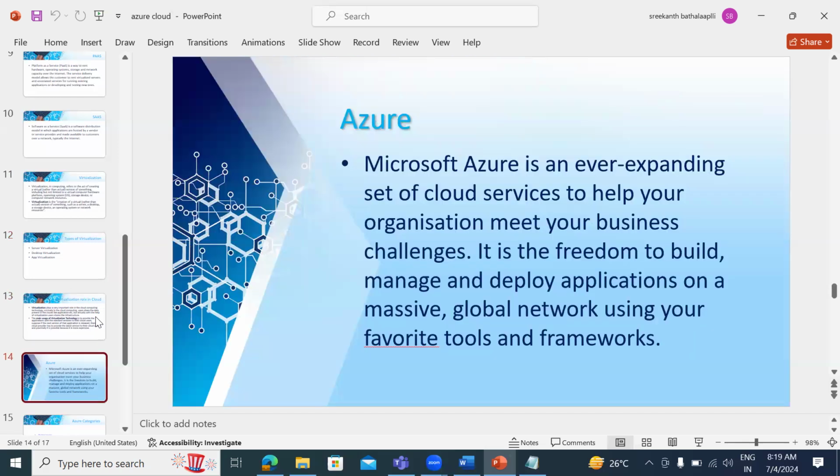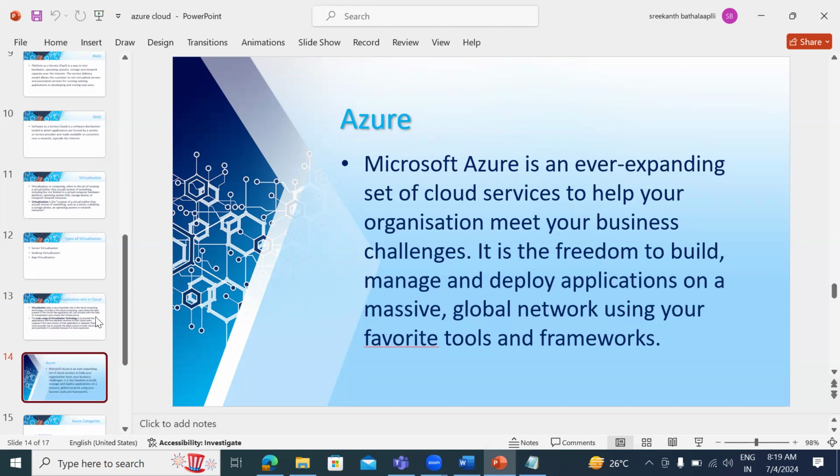So what is Azure? Azure is one of the leading cloud service providers where we can deploy our infrastructure, platforms, databases, storage, and applications; everything we can deploy in the cloud. They have more than 60 regions with a global presence and more than 300 data centers.